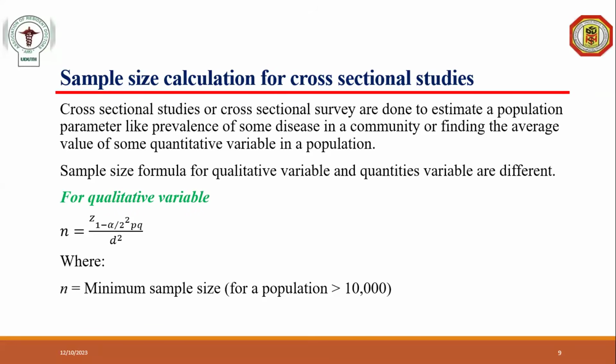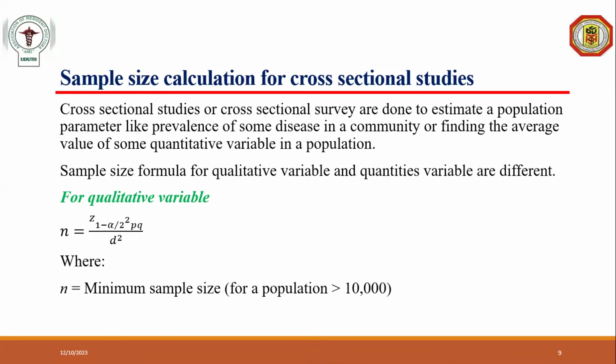So this formula is also written as Z square PQ over D square. It's the same formula. So what does this mean? N, small n, is the minimum sample size.